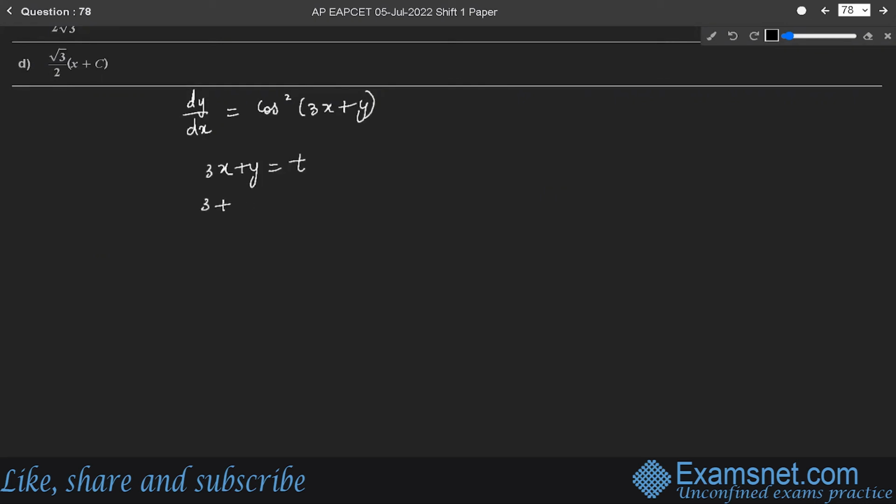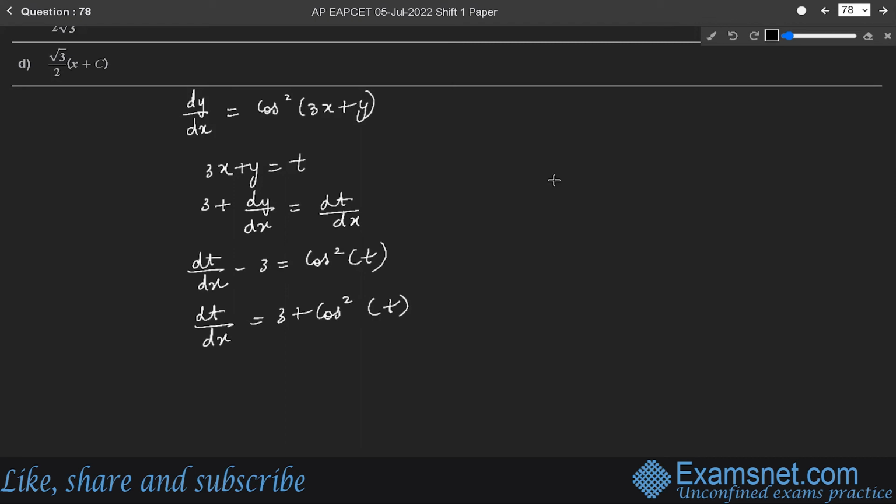So here put 3x plus y is equal to t. So 3 plus dy upon dx will be equal to dt upon dx. Therefore, dt upon dx minus 3 will be equal to cos square t. And we can say that dt upon dx will be equal to 3 plus cos square t.